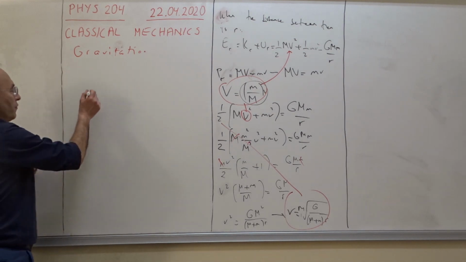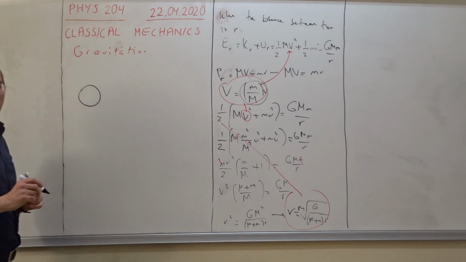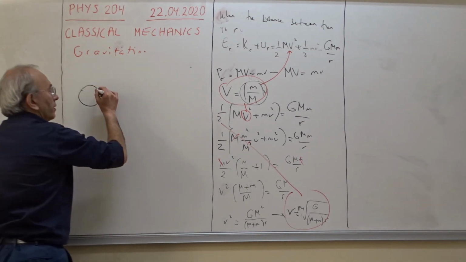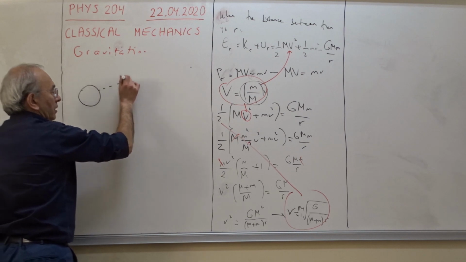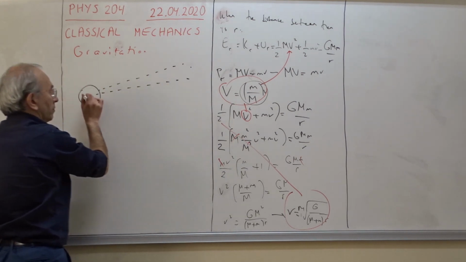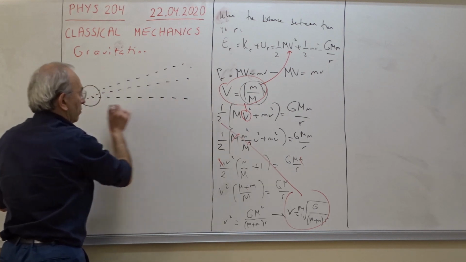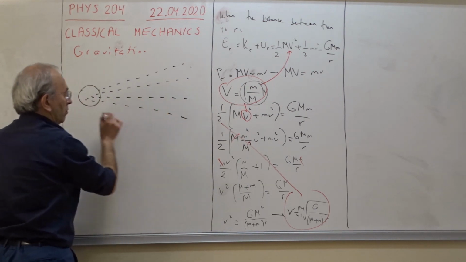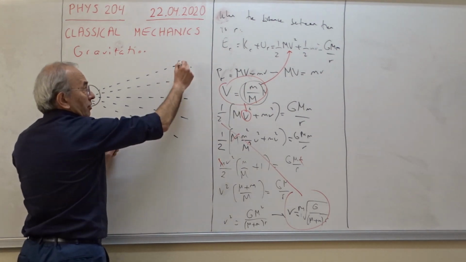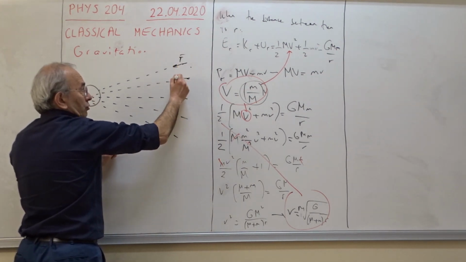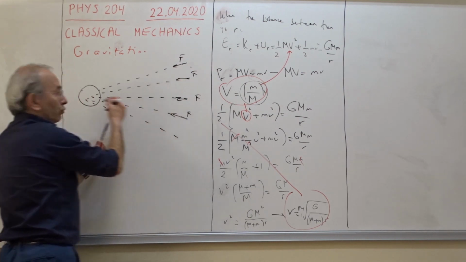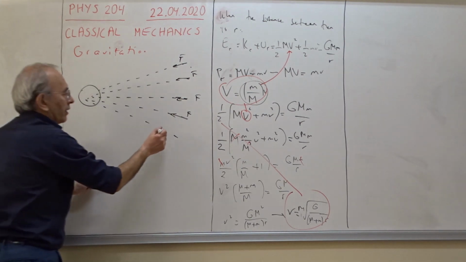But for instance, if this is the attractive center and here the object is, now let me draw some possibilities. For example, in all these directions, this is the force acting towards the attractive center.